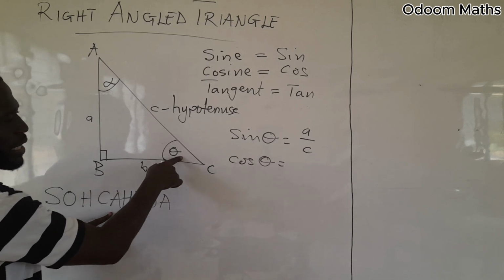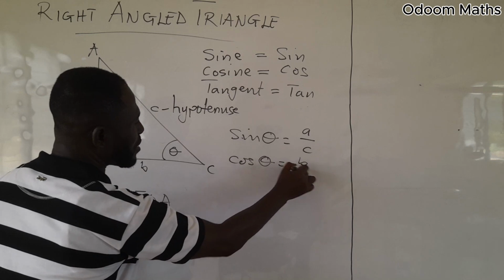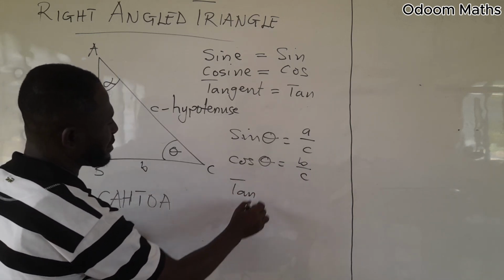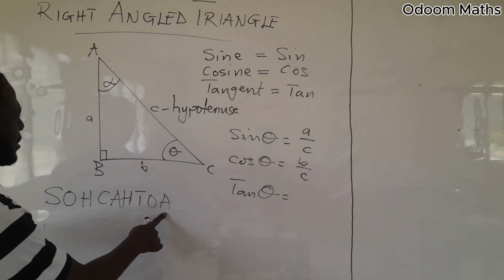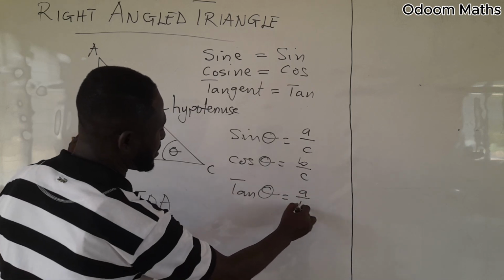This side is adjacent to the angle theta, so that is B over C. Then tan theta is equal to opposite over adjacent, so that is A over B.